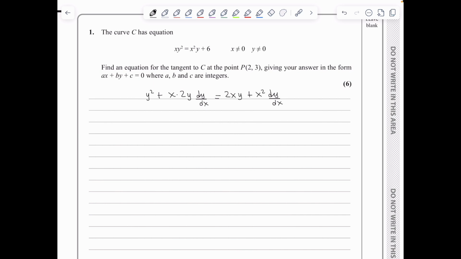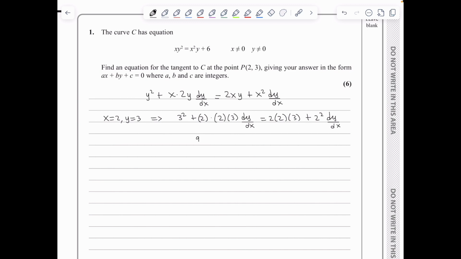I will now substitute x is 2 and y is 3. And I will solve for dy dx to get the value of the gradient of the tangent. So we're looking at 3 squared plus 2 times 3 dy dx being equal to 2 times 2 times 3 plus 2 squared times dy dx.